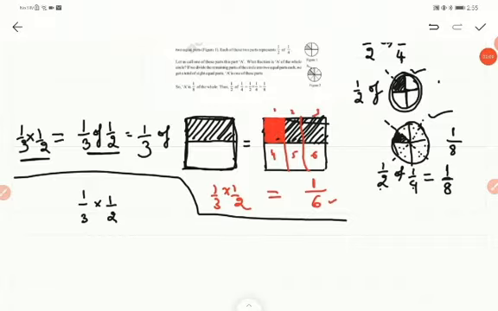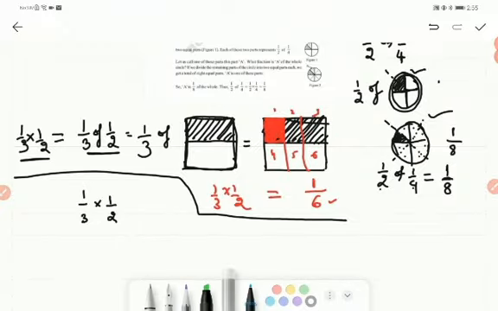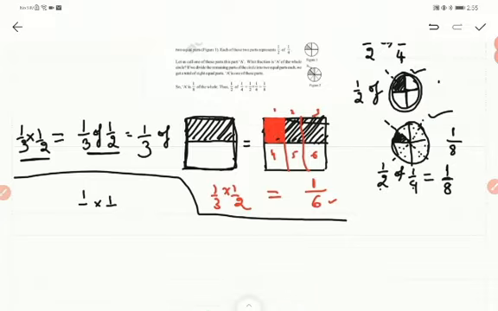If I take a number like this, 1 by 3 or 1 by 2, it's the same, sorry. So let me take 1 by 2 of 1 by 3, that is 1 by 2 multiplied by 1 by 3. I can write this as 1 by 2 of 1 by 3, isn't it? So how will you draw this?